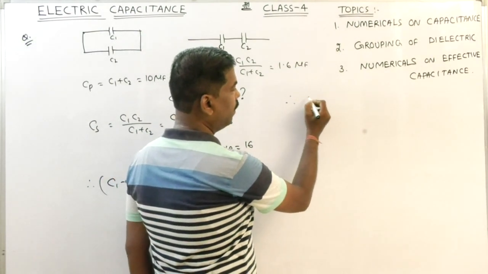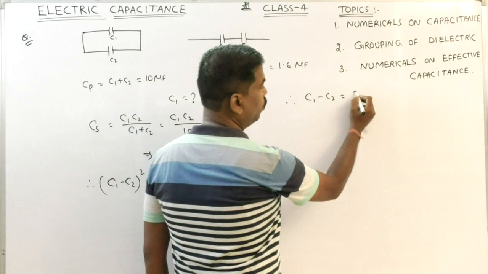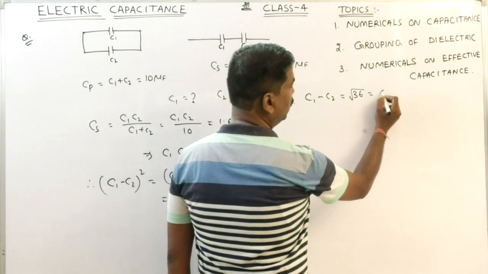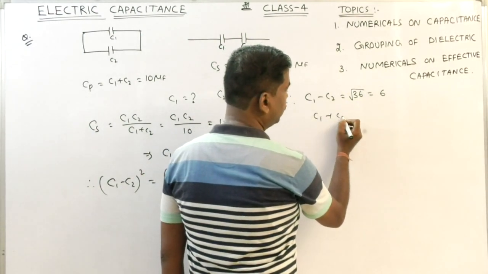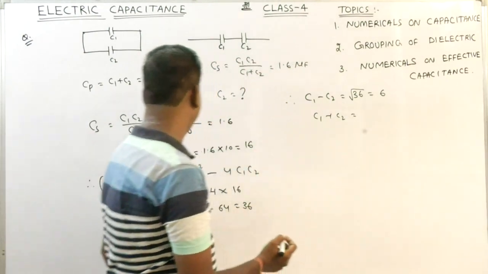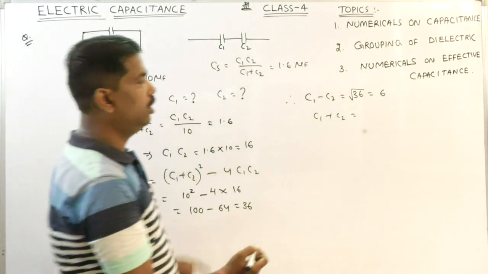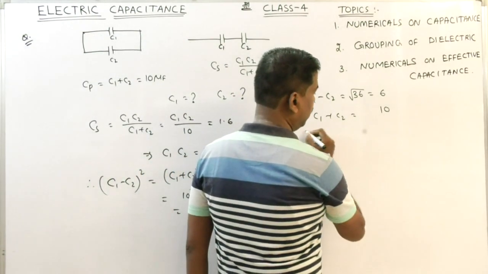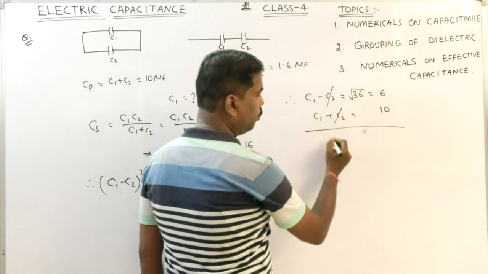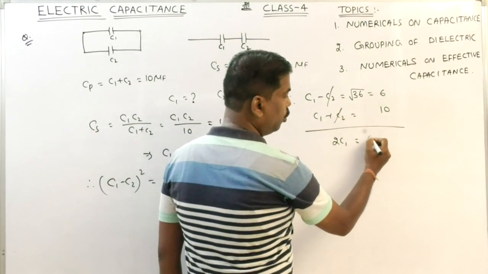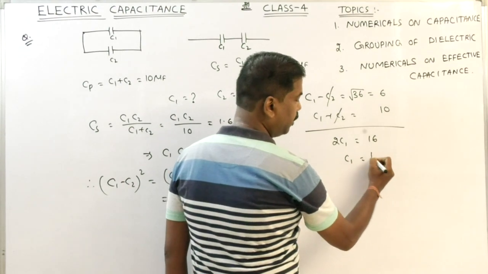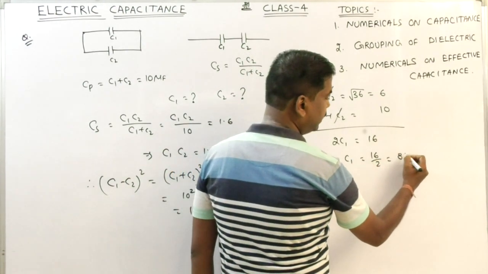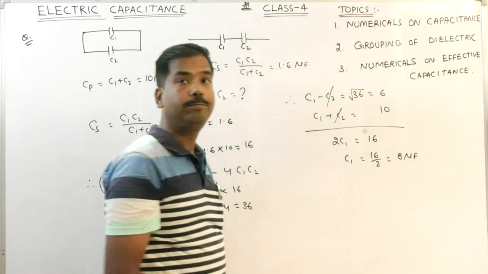Therefore, C1 minus C2 is equal to root 36, which is 6, and C1 plus C2 is 10. Therefore, by cancelling C2 we find 2C1 is equal to 16 and C1 is found to be 16 by 2, that is 8 microfarad.